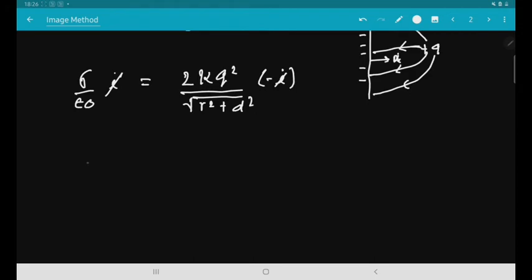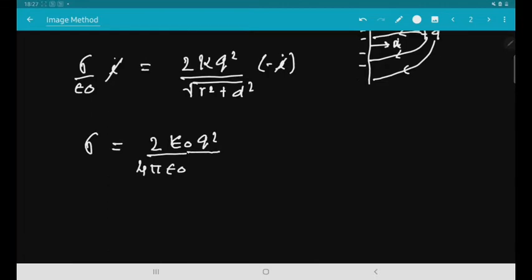Negative will be there. Sigma will be equal to 2. Let us write the value of k also. It will be 4 pi epsilon naught, into epsilon naught we have from this side, q square. Now this r square.